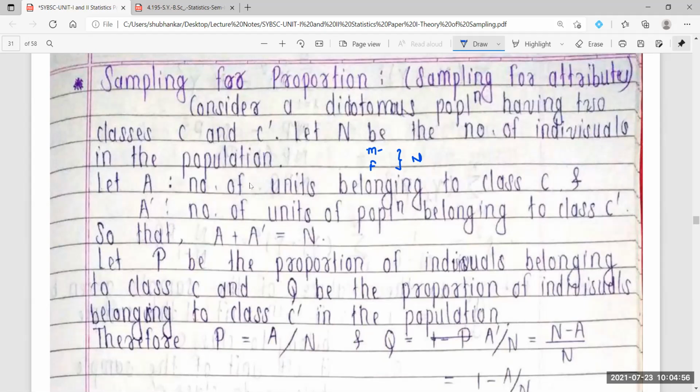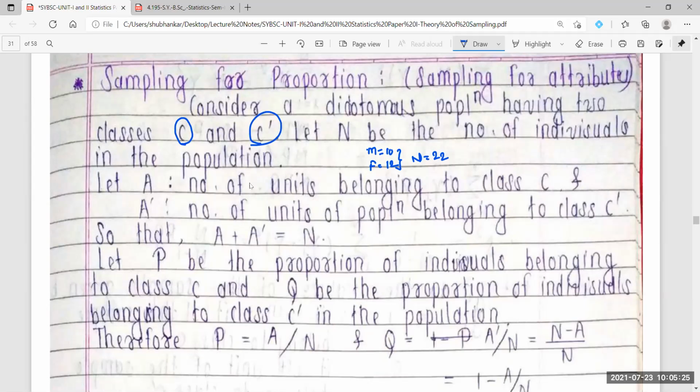Okay. So assume that male students are 10, female students are 12. Okay. So total students, how many are total students? There are 22 students. Okay. So dichotomous meaning that your population is divided into two parts, or two classes, and which classes are C and C complement.